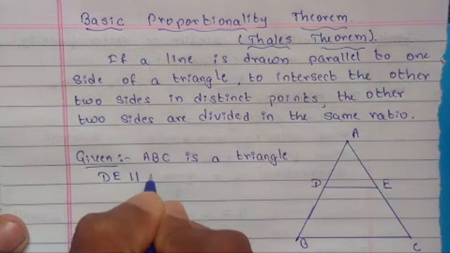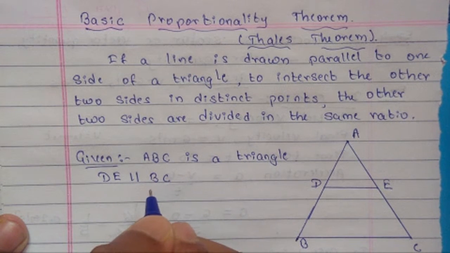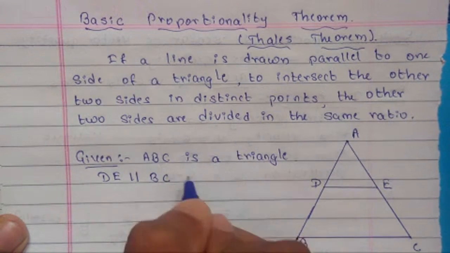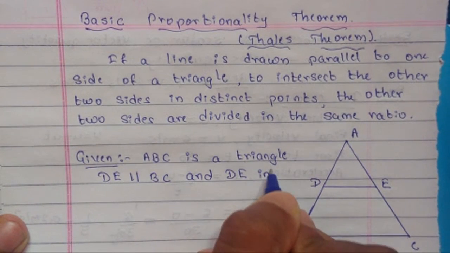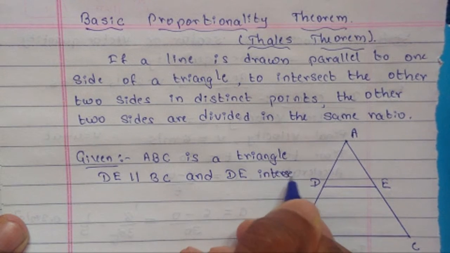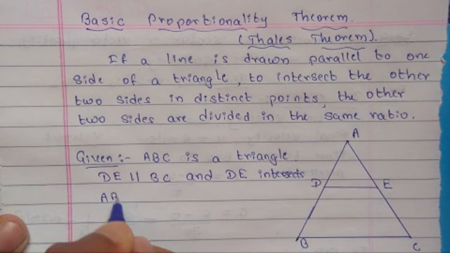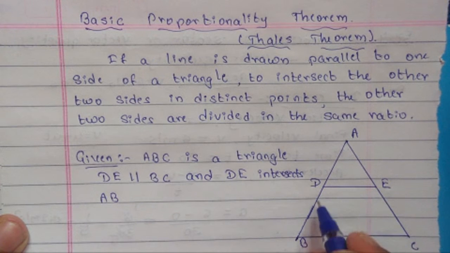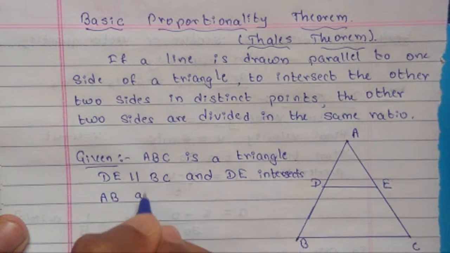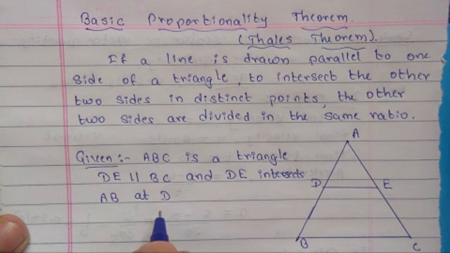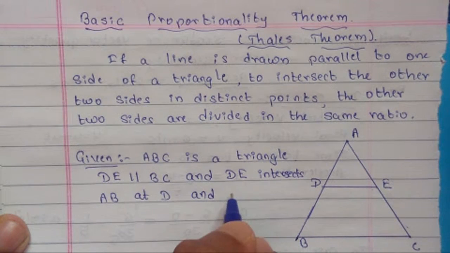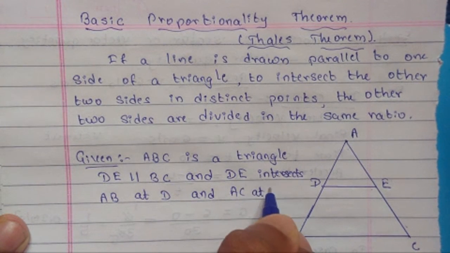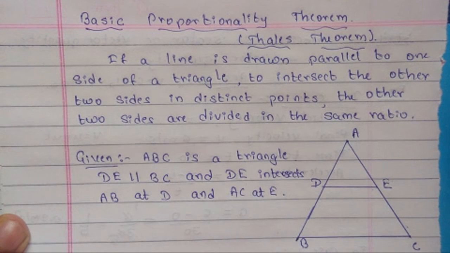DE is parallel to BC, and DE intersects AB at point D, and line AC at E. So these are the given data.